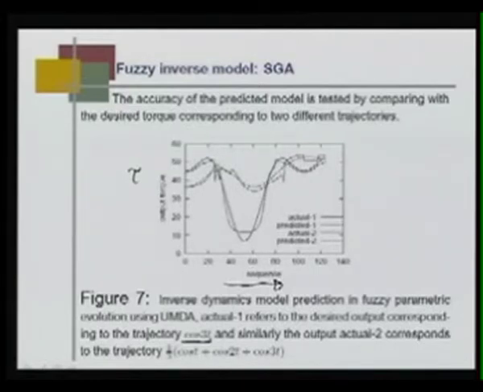You see that this is the SGA estimation, so it is not so accurate. Similarly, for the second trajectory, the tau is computed like this, whereas the value predicted through the inverse model is.